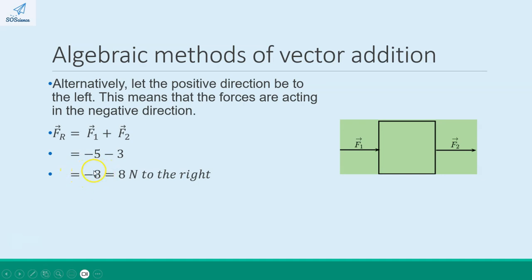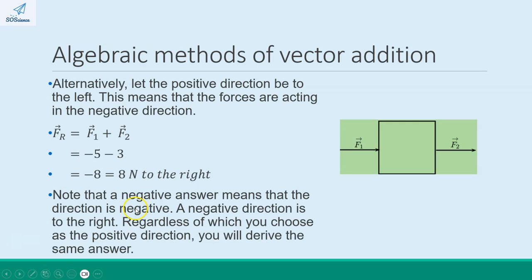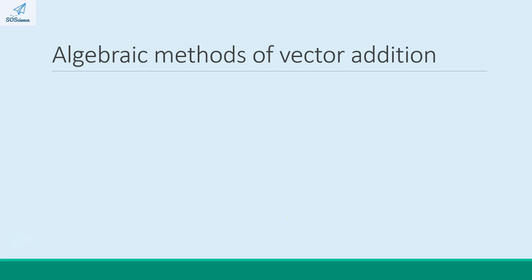And again, this negative indicates the direction. So the answer is 8 newtons. And because we said that the positive direction is to the left, and we got a negative answer, then that means it's to the right. So just note that regardless of which direction you have chosen as the positive direction, you will always derive the same answer.